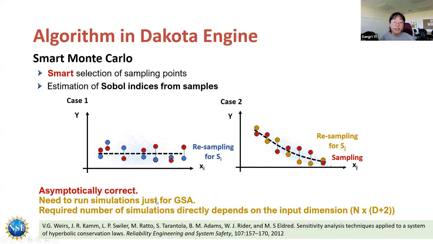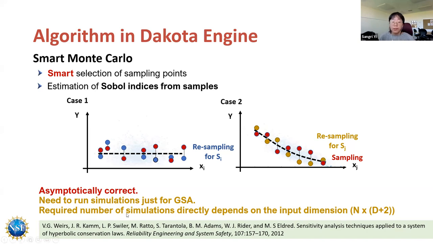But one thing to consider is that we cannot just reuse the available Monte Carlo simulation samples. So we have to run a separate analysis just for sensitivity analysis. So if your model is too expensive, then you might not want to do this.